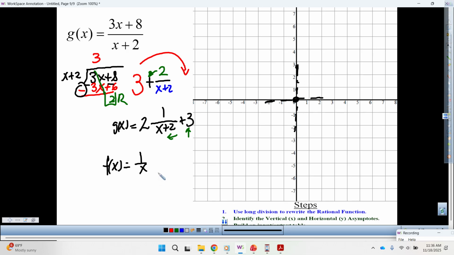So we have our HA at f of x equals 0 and our VA at x equals 0. My original point is 1 to the right, 1 up, 1 to the left, 1 down. And Allison said we're going to move it 2 to the left and 3 up. So 2 to the left, 3 up.